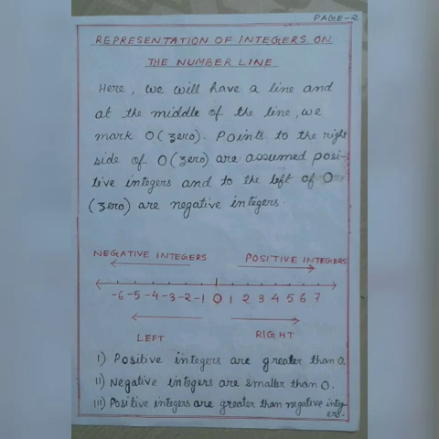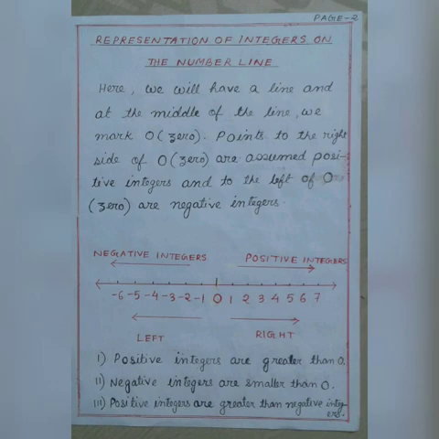Now let us have a concept on the number line and a representation of integers on that number line. Here I have a line, and at the middle of the line I marked 0. I have put some points which are at equidistance from 0 to the right and to the left.